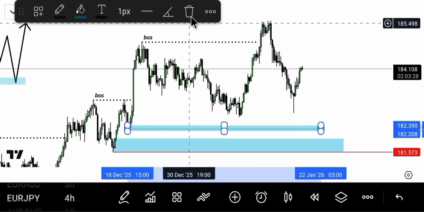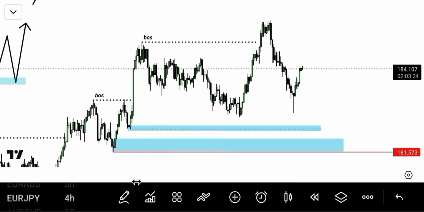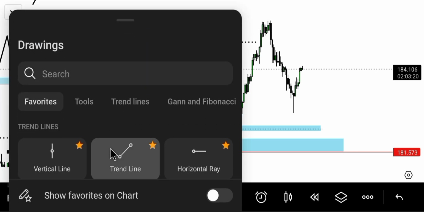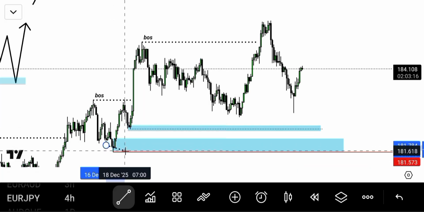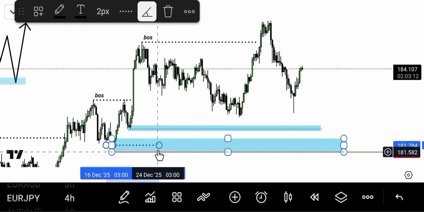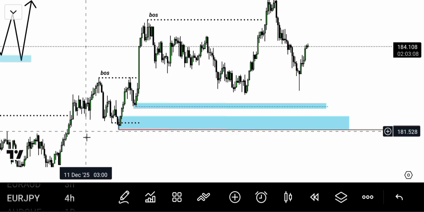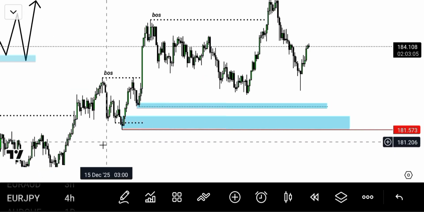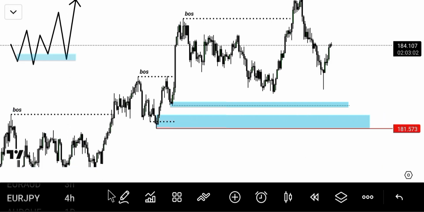Well, the reason why we chose this one over that one is because this one did a couple of things. This one actually swept liquidity. In most cases, I want to see that it swept liquidity and tapped into a key level, this breaker block right here.